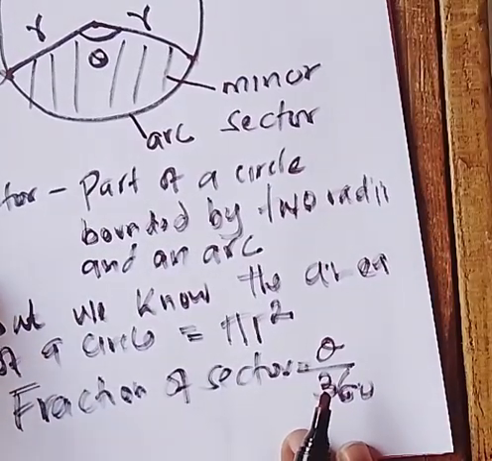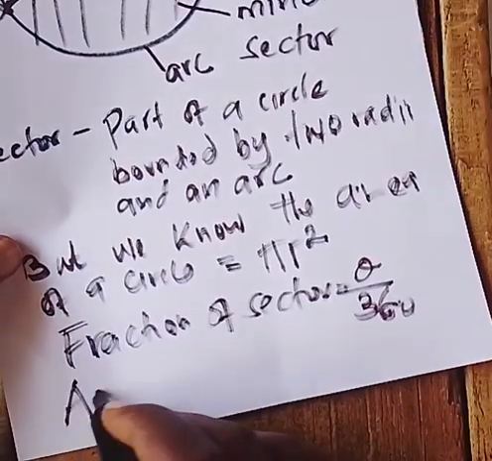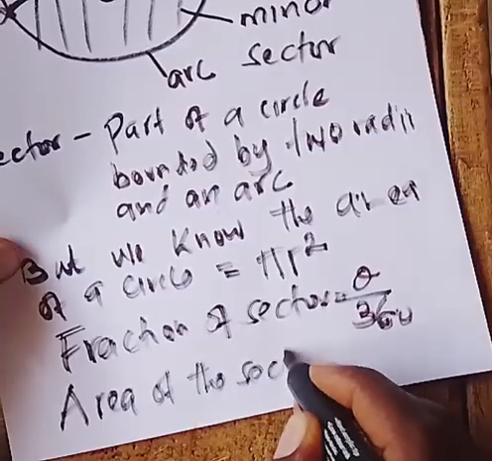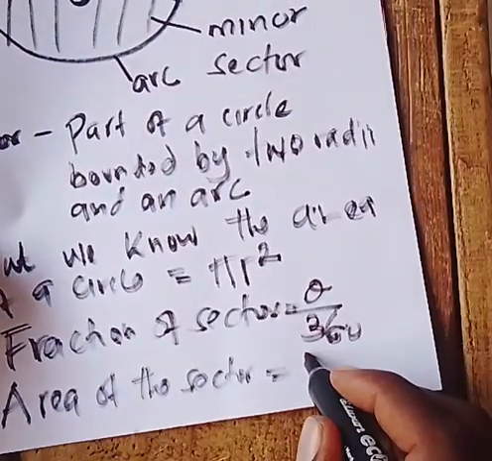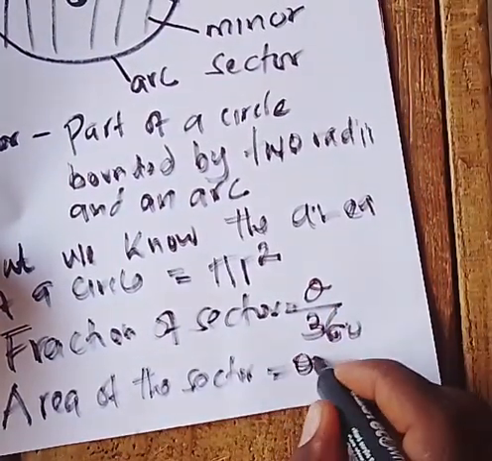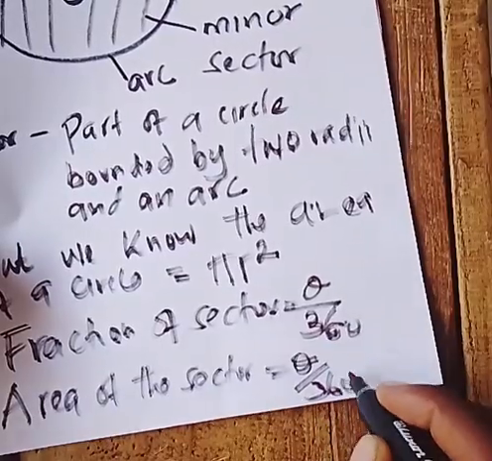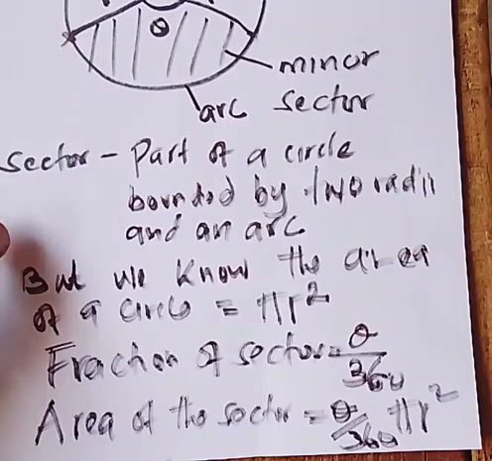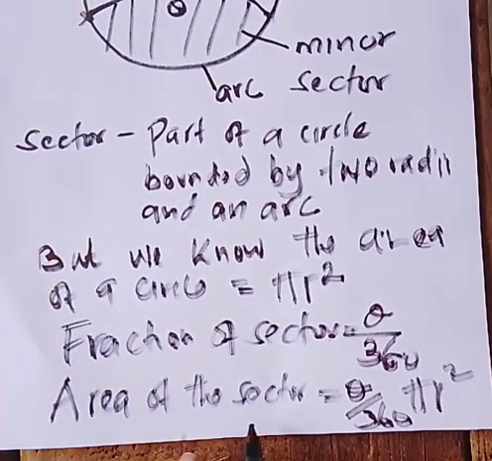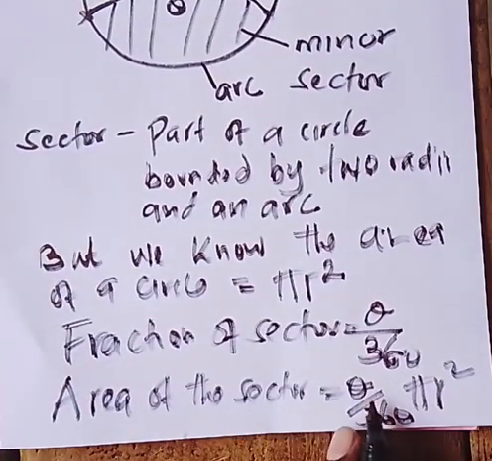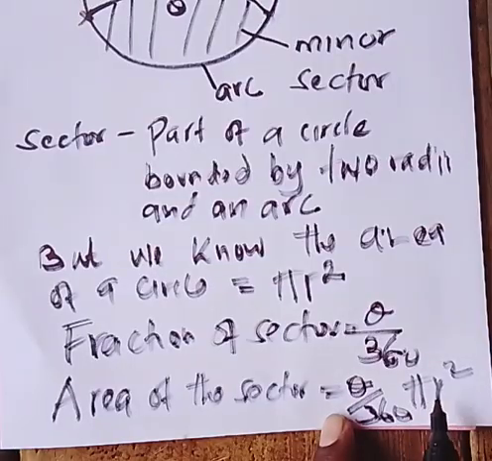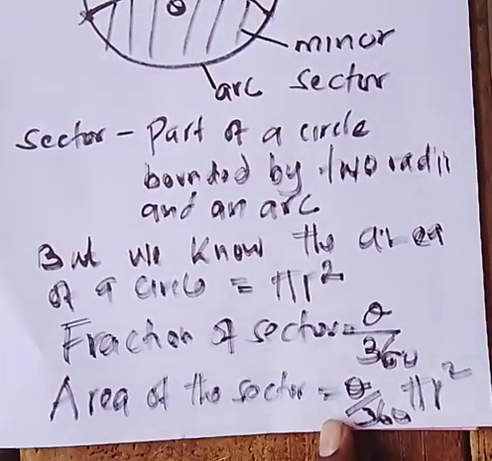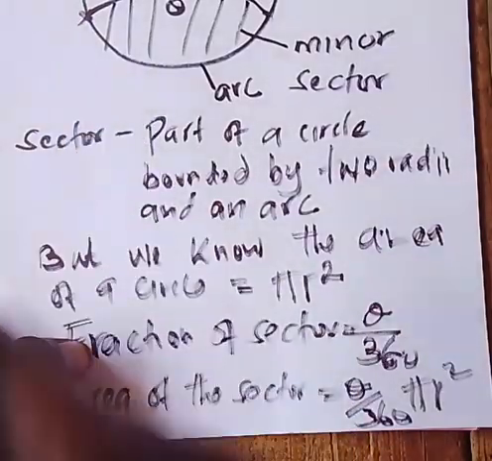Now, the area of the sector will be given by the fraction, theta over 360, multiplied by the area of a circle, pi r squared. So the area of a sector is given by theta over 360 pi r squared. Theta is the angle subtended at the center. 360 is the total angles.